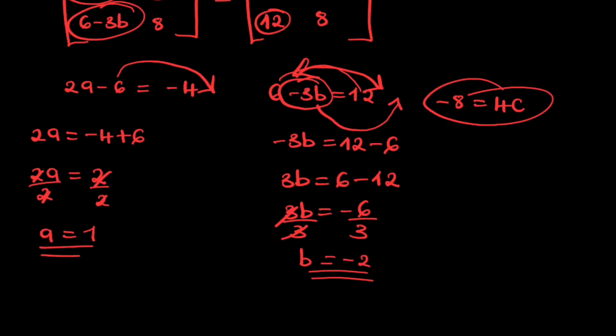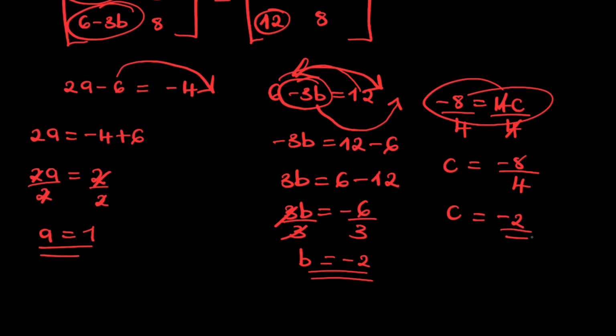Now let's go to c. Here it's very simple. Since we are solving for c, we simply divide both sides by 4. So this will cancel, so we have c equal to minus 8 on 4. So this gives us minus 2.